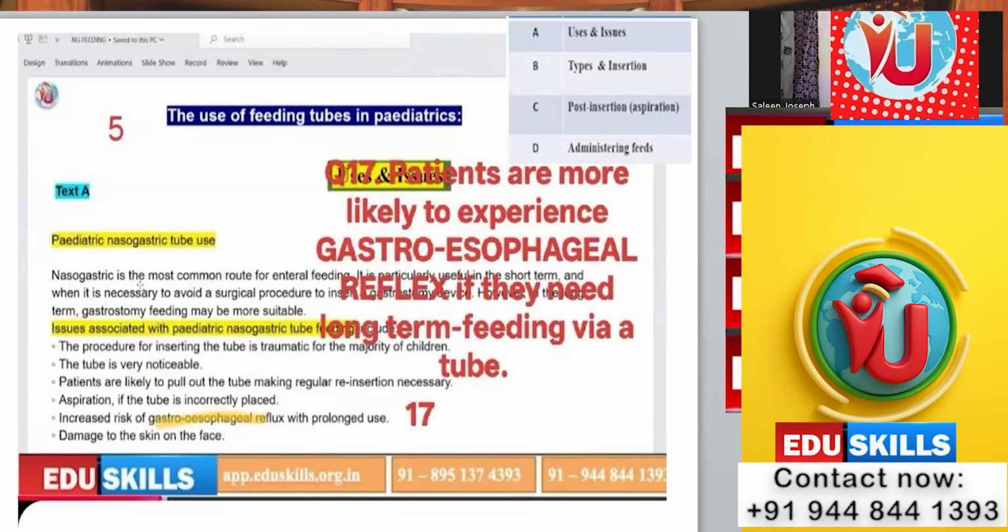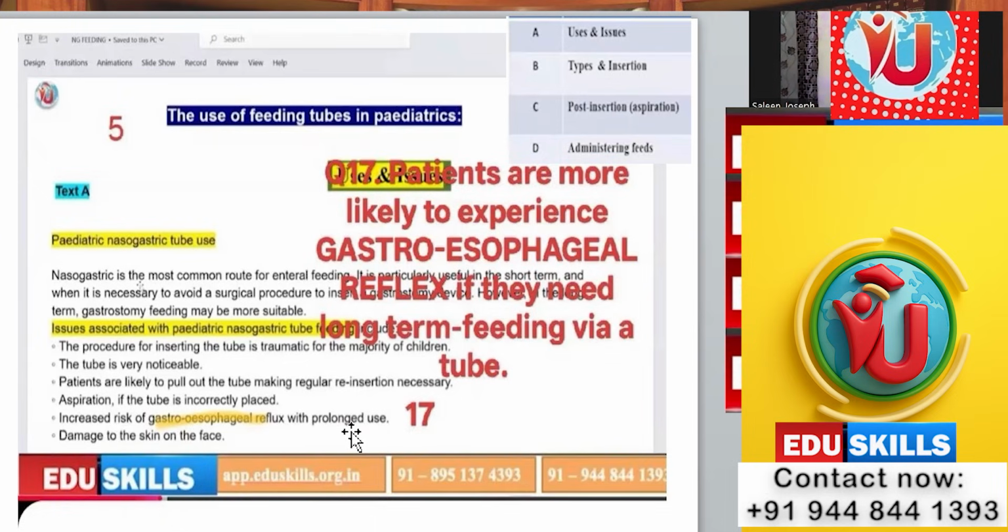So in the 17th question, what are they asking from us? The patients are more likely to experience dash if they need long-term feeding via tube. So here you have to go to the issues because they are asking about a particular issue. So which point tells us that? 1, 2, 3, 4th, 5th line, if you see, increased risk of gastroesophageal reflux with prolonged use.